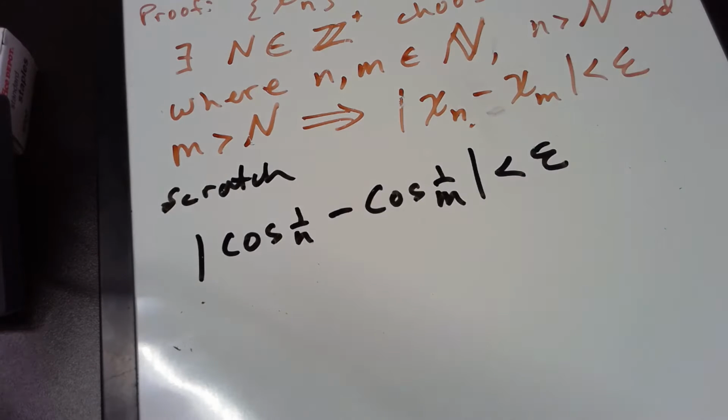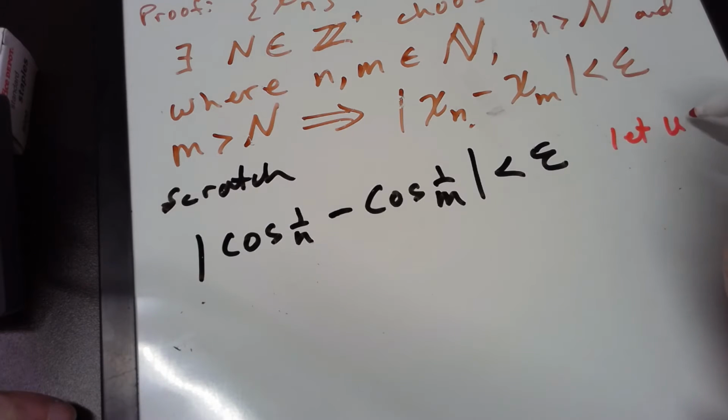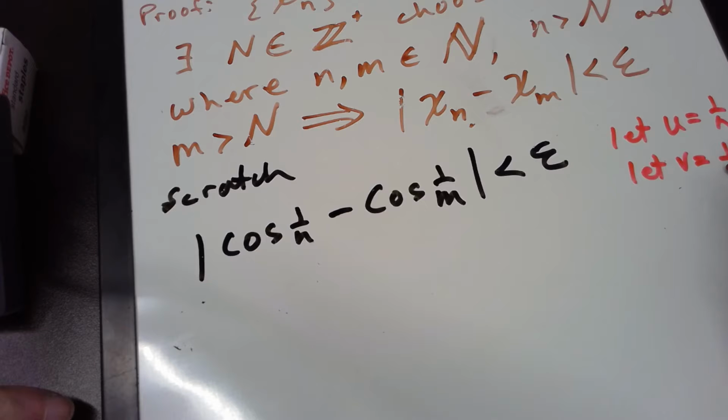Okay, so before we get started, let u equal 1 over n, and let v equal 1 over m.